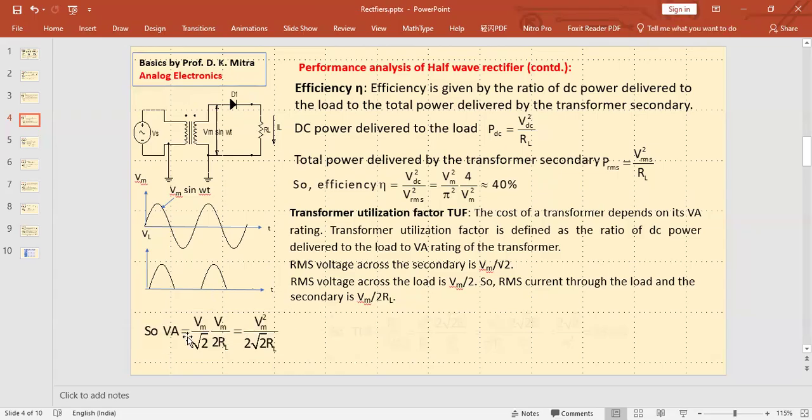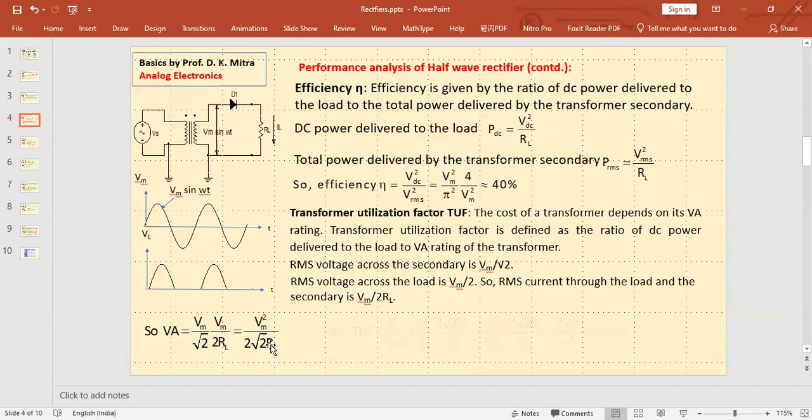So what is the VA rating of the transformer? VA of the transformer is the RMS voltage across the secondary, Vm by root 2, multiplied by the RMS current flowing through the secondary, that is Vm by 2 RL, which is Vm square by 2 root 2 RL.